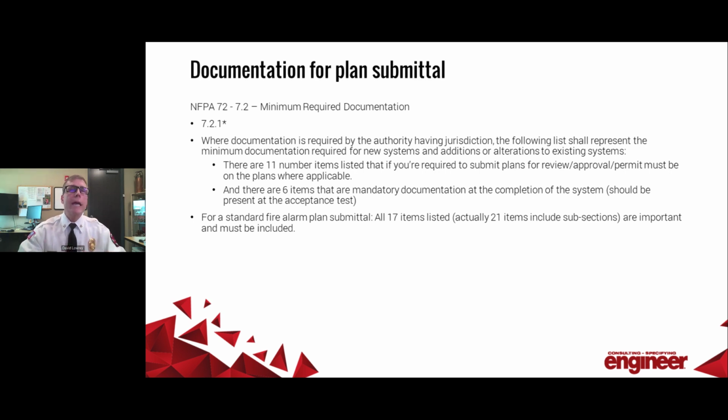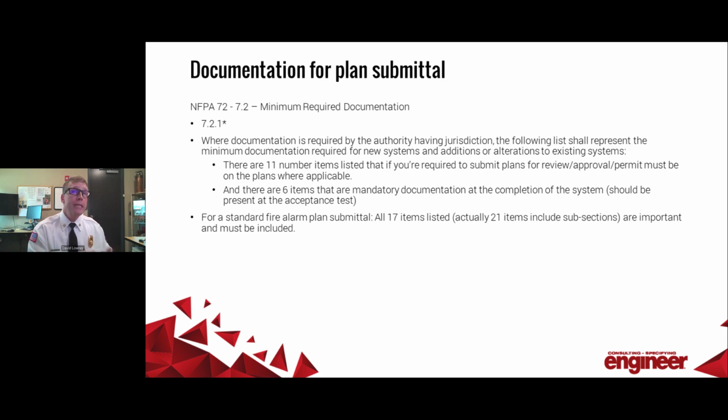When you start looking at that particular section, I think there are like 17 bullet points on there, right? And if you really read through there, 11 of those numbered items are specific to the submittal of plans for the review, the approval, or the permitting. That has to be on the plans.